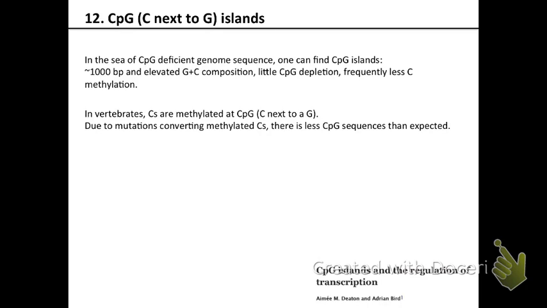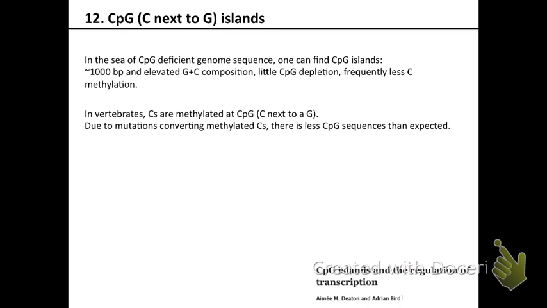P just stands for the phosphodiester bond, okay? CG, that's what it is. When you look at the genome, you don't see a lot of CG, except some regions where you find a lot elevated CG levels, so you find more than what you would see on average, and frequently less methylation of the C.